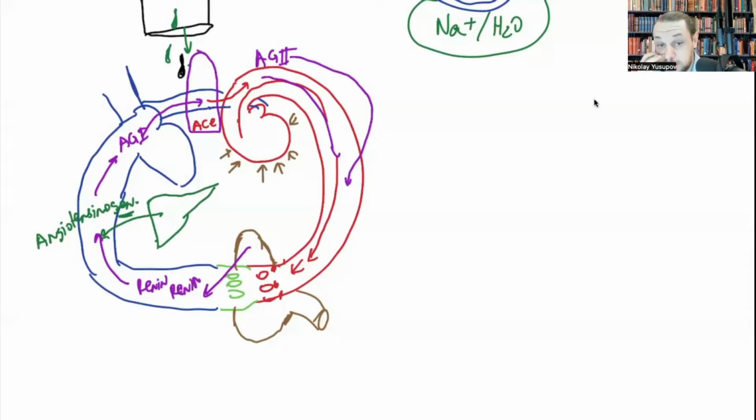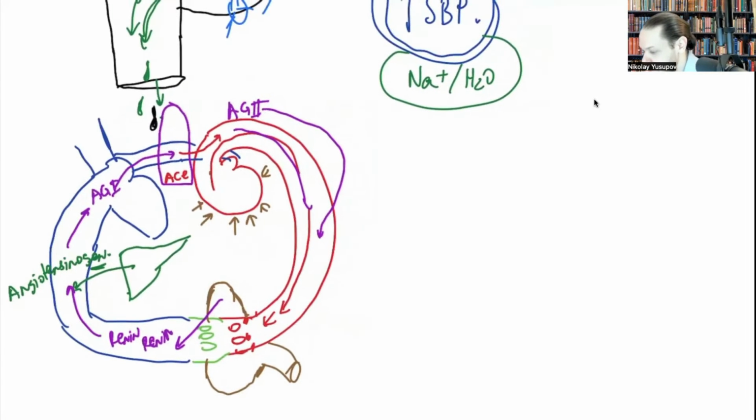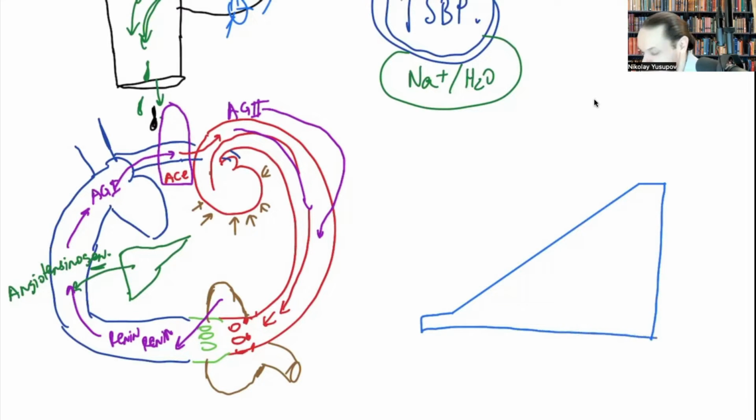Now, let's see what happens in the long term of these patients. So imagine I'm going to draw a little graph for you guys. So let me do it like this. We're going to say your heart, pretend your heart is like a donkey.